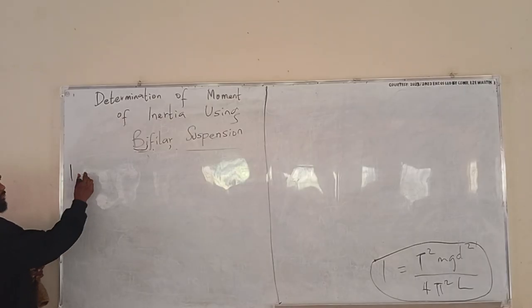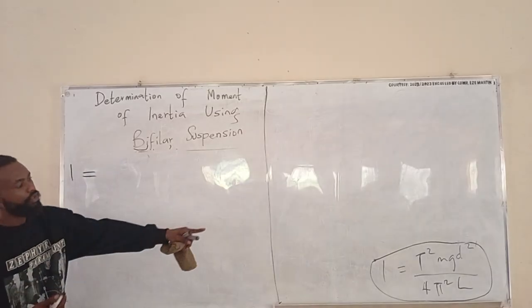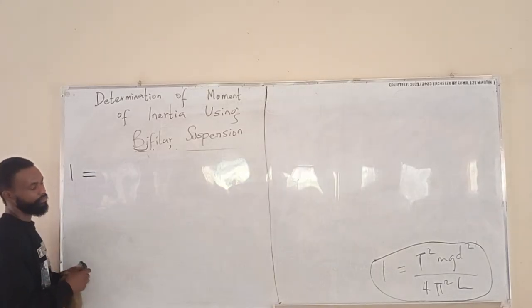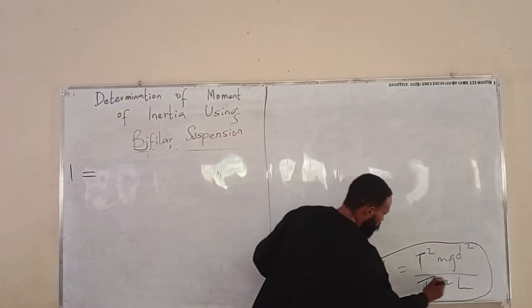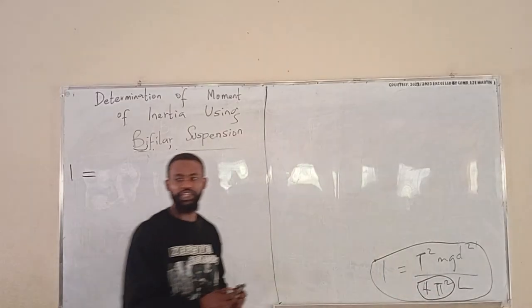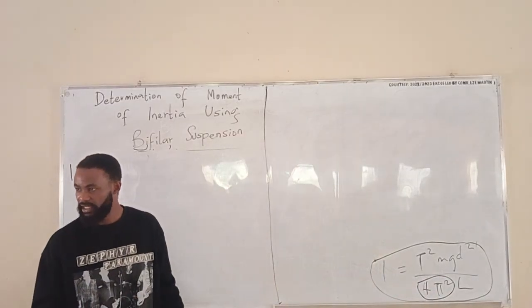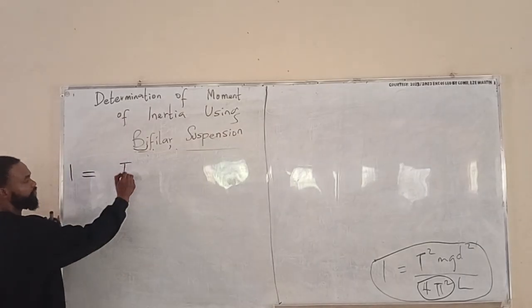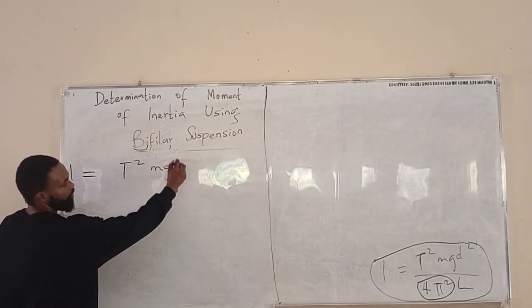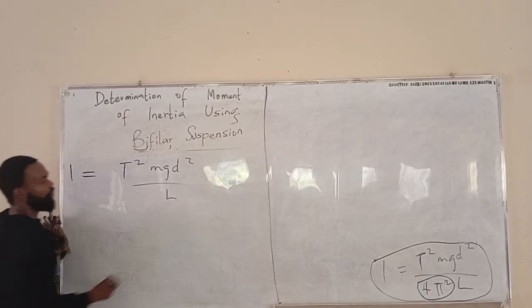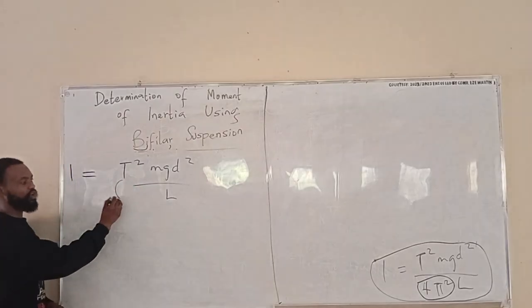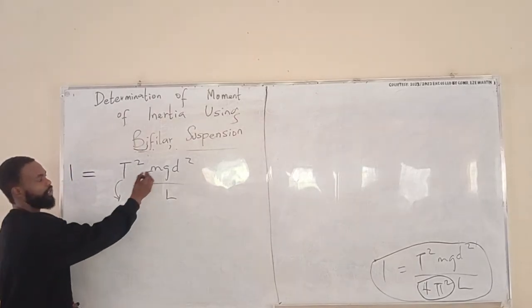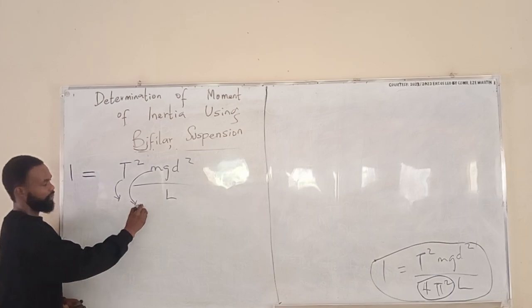So I will be equals to. Notice that this 4 pi square is a constant, I have no business with it when I'm doing error. So it's going to be simply T square, m, g, T square over L. This is a quantity called time, this is a quantity called mass.